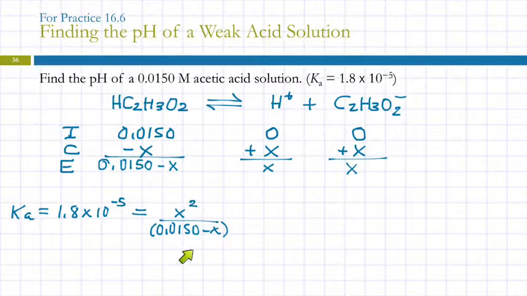Let's try the X is small again. So if X is small, then subtracting it from 0.0150 shouldn't matter. X is small says that X squared equals the Ka times the initial concentration.